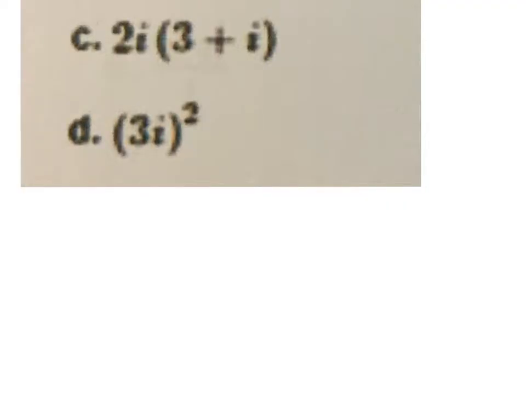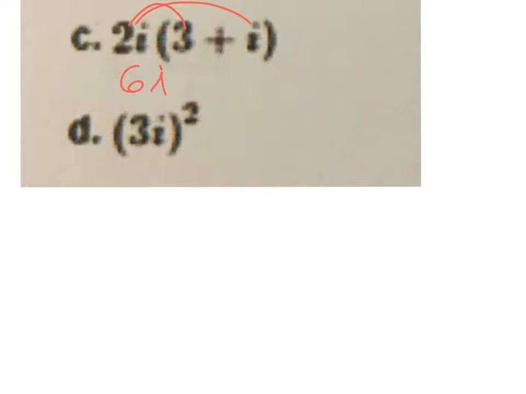Now then, letter c, 2i times 3 plus i. So again, I'm just going to multiply, but I have to multiply the 2i by both terms. So I'm going to multiply the 2i times the 3 and the 2i times the i. So 2i times 3 is 6i. I was testing you. I didn't think it was 3i.